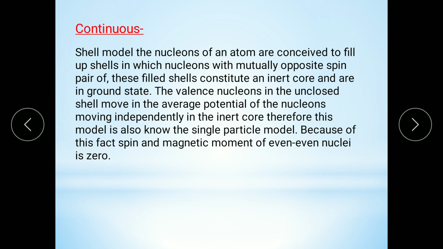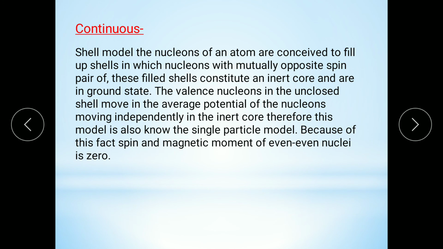Now, in the shell model, the nucleons of an atom are conceived to fill up shells in which nucleons with mutually opposite spin pair up. These filled shells constitute an inner core and are in the ground state.